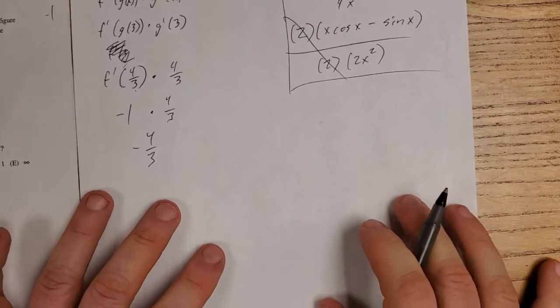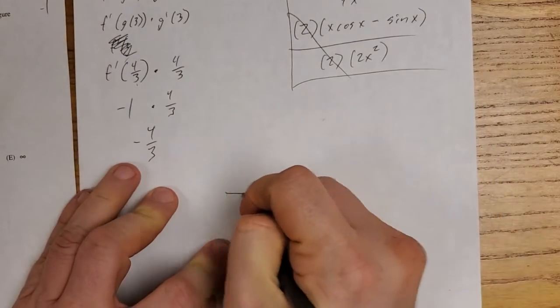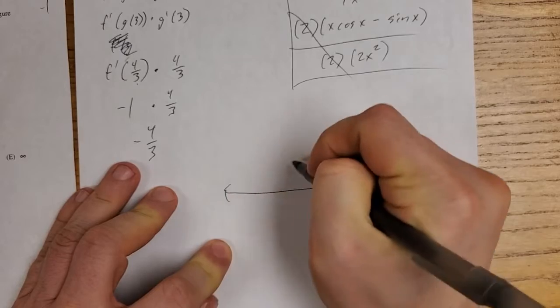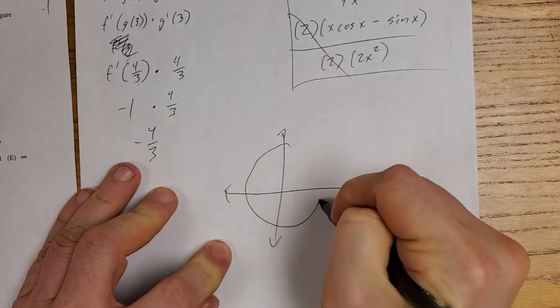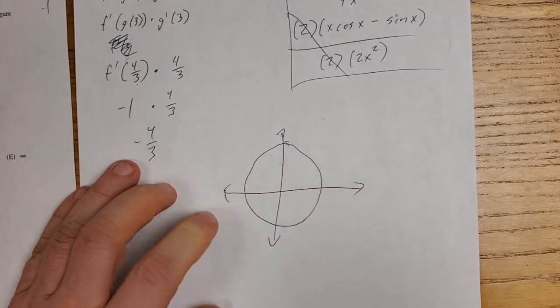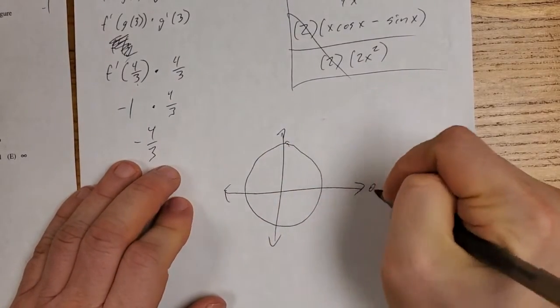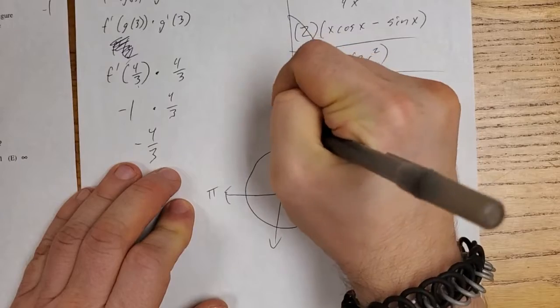So we're gonna remember our unit circle here, and 0, pi, half pi.